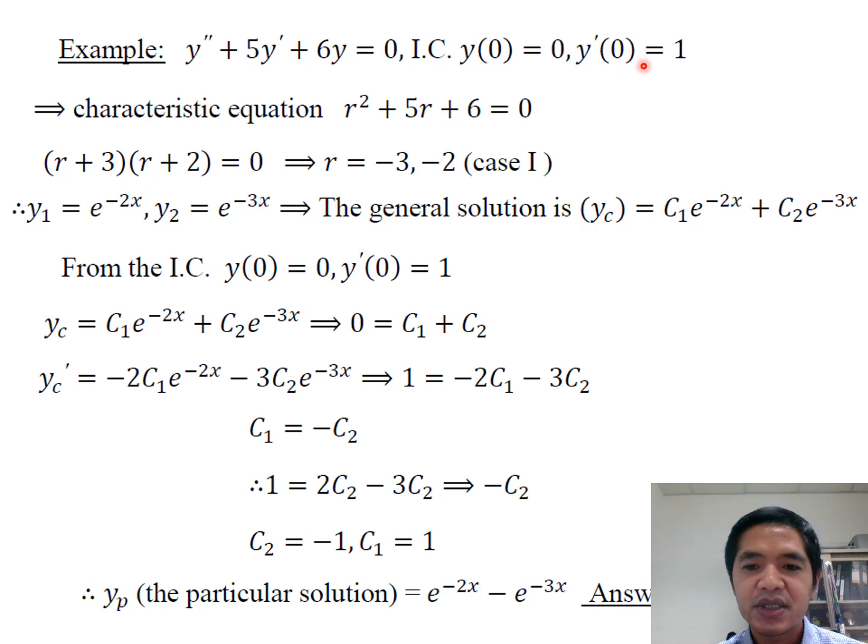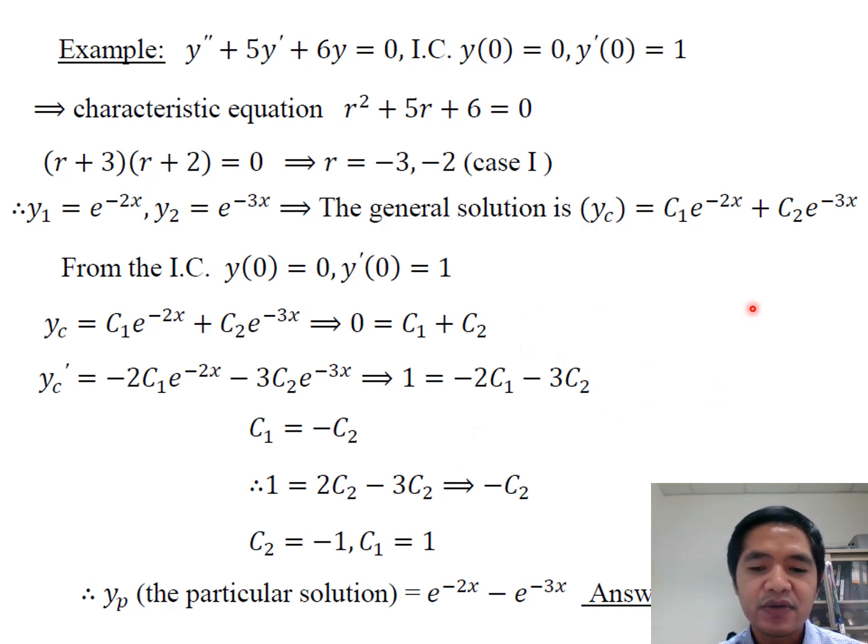This one equals 1. When we substitute x equal to 0, this one equals 1 and this one equals 1, so 1 equal to minus 2 c1 minus 3 c2. And this is the second equation.